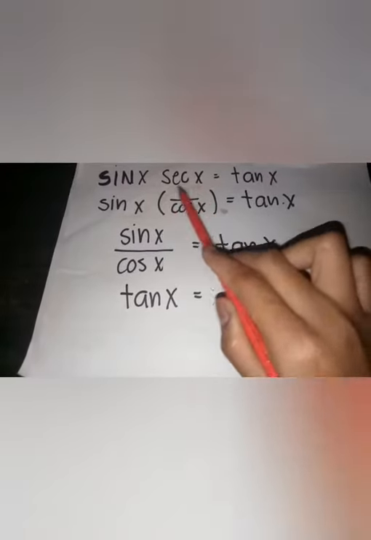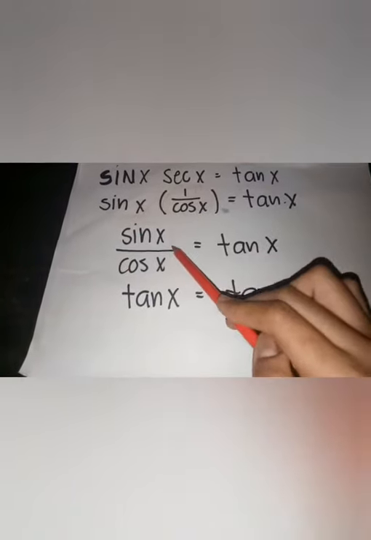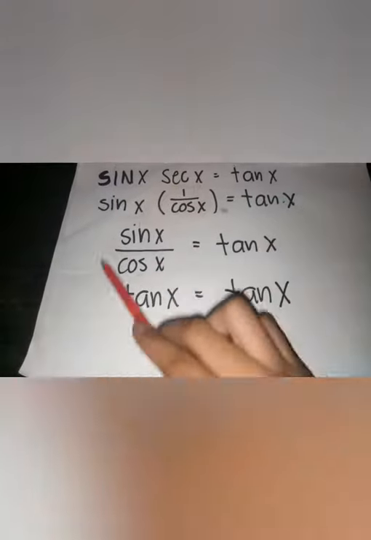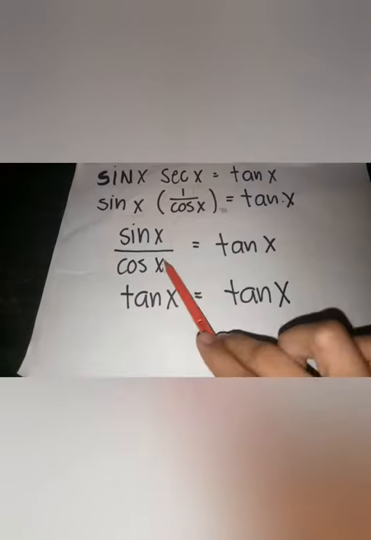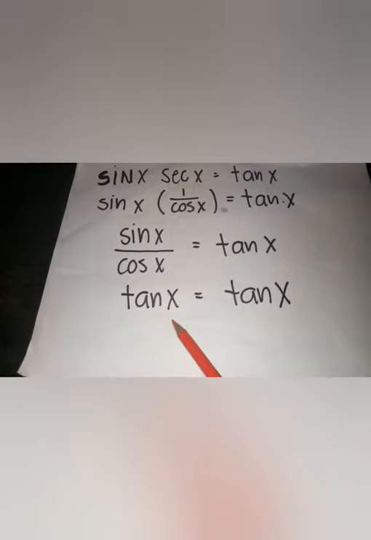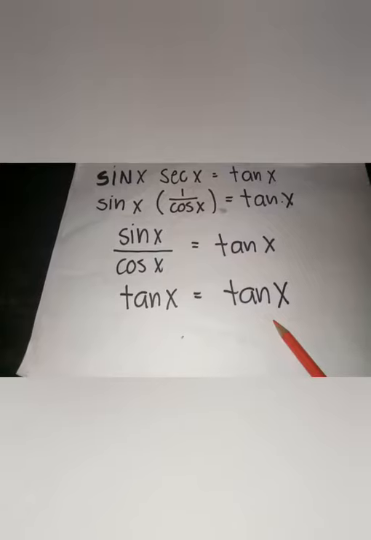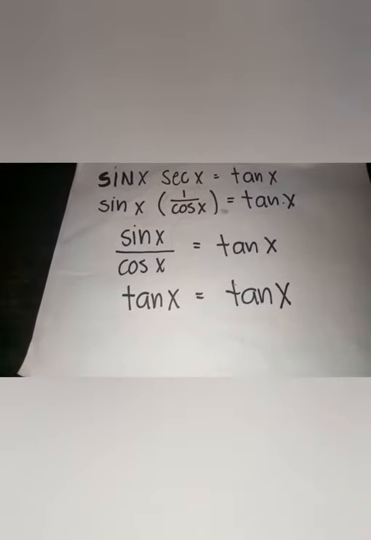After that, we multiply sin x to 1 over cosine x, and this will be sin x over cosine x. And we know that sin x over cosine x is equal to tangent x. So the final answer will be tangent x is equal to tangent x. This equation is an identity equation because they are equal.